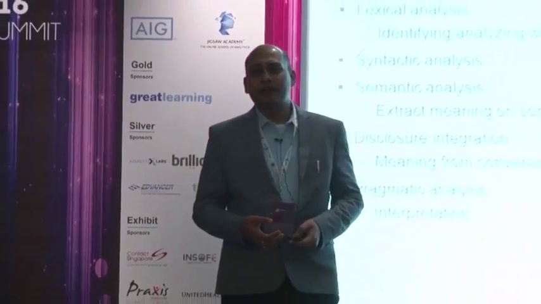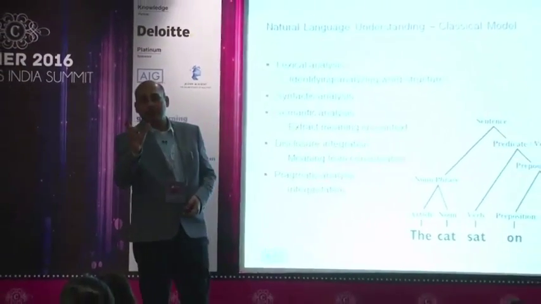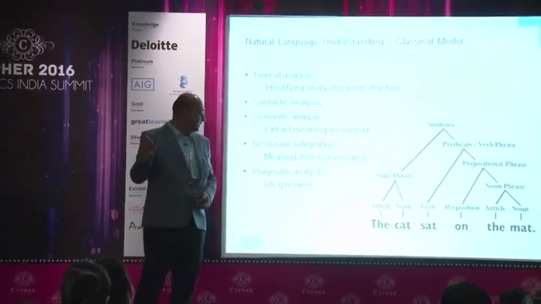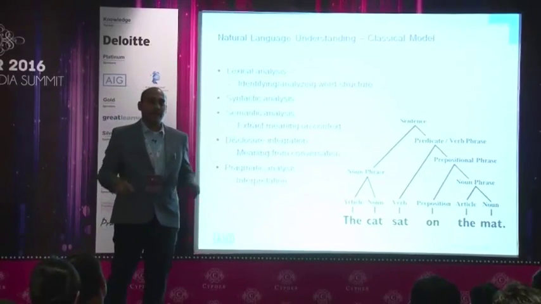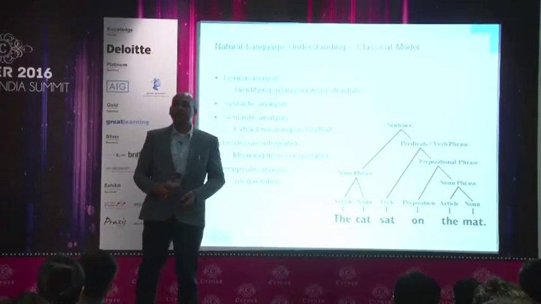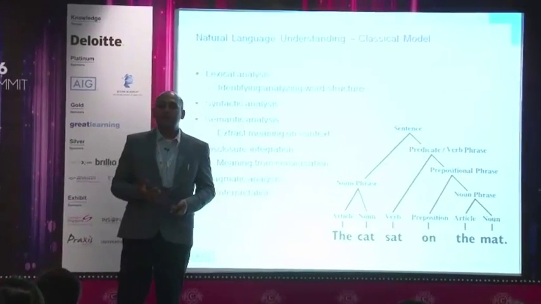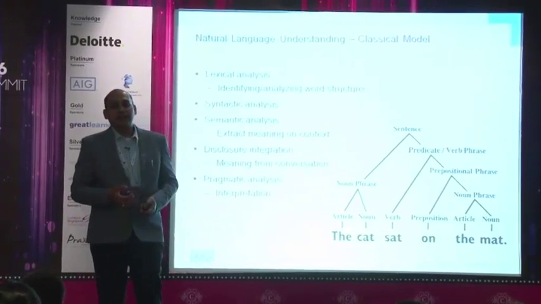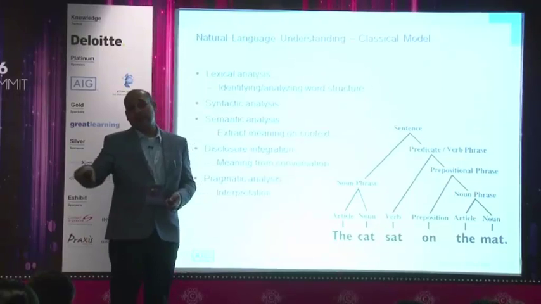One is we will create tokenized features out of it. So cat would become one token, sat would become another token, mat would become another token, and you have that. This is called bag of words. Now, somebody says, hey, you haven't captured the context in terms of the cat actually sat on the mat, right?